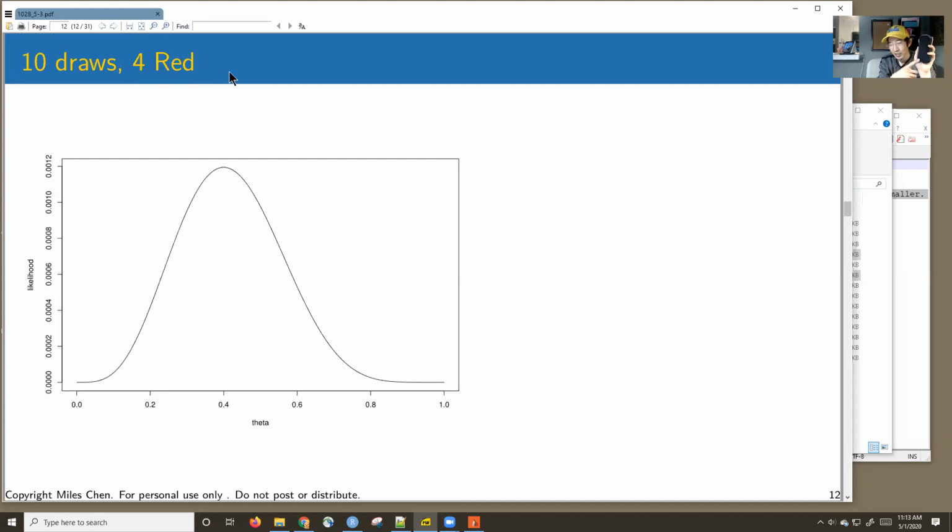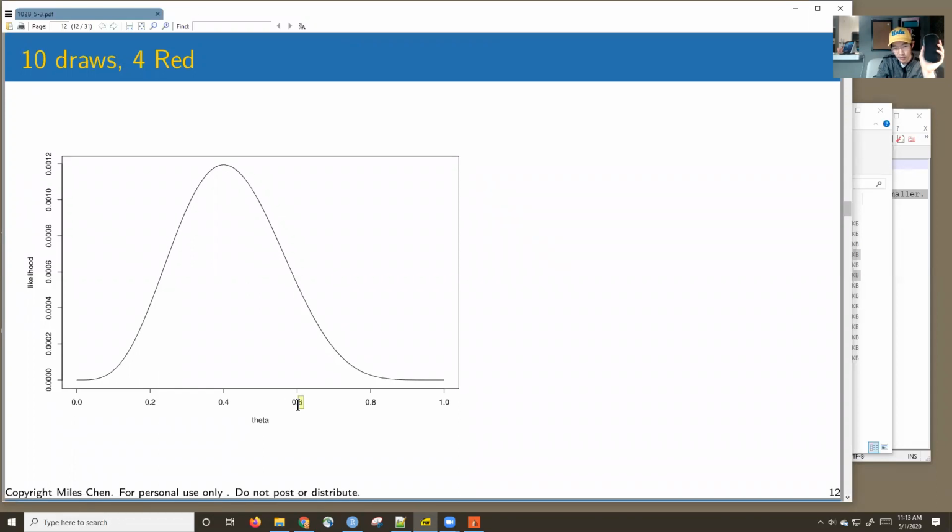It would be impossible for me to get 4 red and 6 blue if the pouch is 100% red. Similarly, if I'm down at 0, the likelihood of me getting 4 red and 6 blue is going to be 0 if the proportion in here is 0 red, okay?